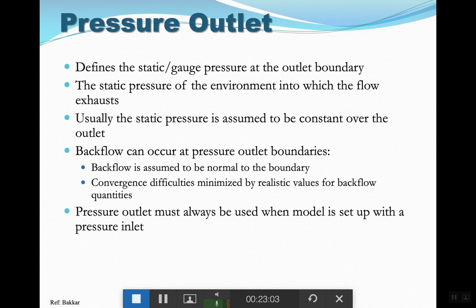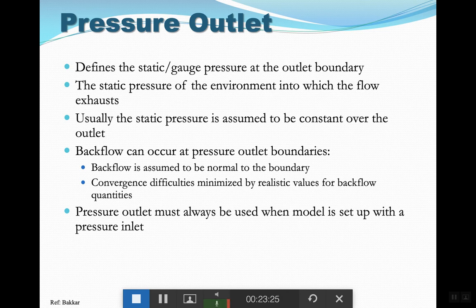This is not something out of the ordinary. It happens a lot. For that reason, you need to define a backflow pressure at your outlet boundary. Why? Because remember, the flow of information is from inside the pipe to the outside.